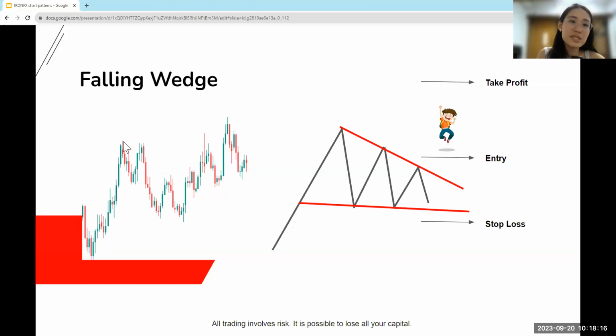In the meantime, we just look at these three swing highs, connect these levels, and on our bottom, we have our stop loss, which is achieved by connecting the swing lows instead. So we connect the swing lows, that's our stop loss, and then we proceed with our entry. We go in with our buy entry from this level, and then we see it shoot up to our take profit here.